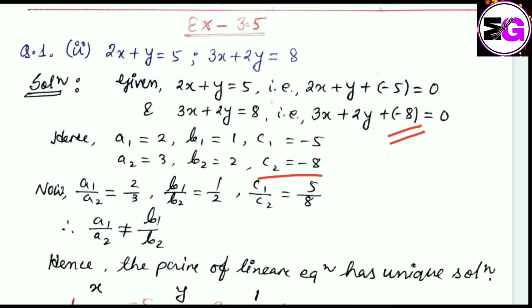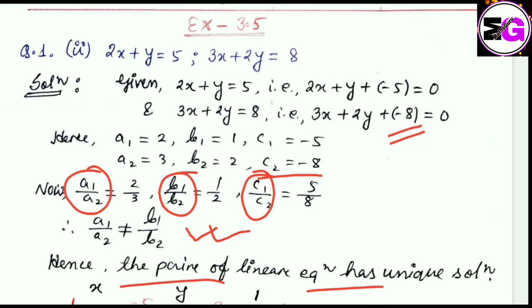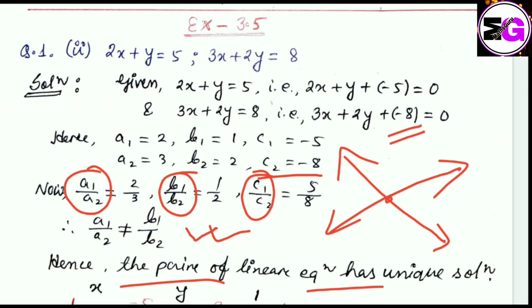Finding the ratios a1 by a2, b1 by b2 and c1 by c2, we can see that a1 by a2 is not equal to b1 by b2. So as we found earlier, if these two are not equal, the pair of linear equations has a unique solution, meaning the two lines intersect at a point.